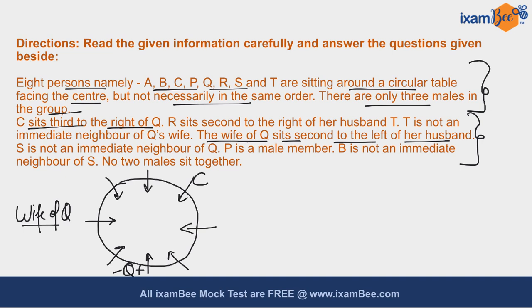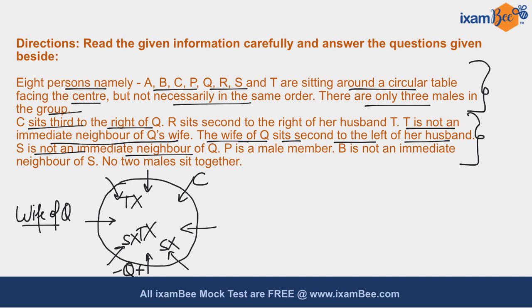Now it is given to you that S is not an immediate neighbor of Q. So you can't place S over here and S over here because we know that S is not an immediate neighbor of Q. Also, T is not an immediate neighbor of Q's wife. So you can't place T over here and T over here.